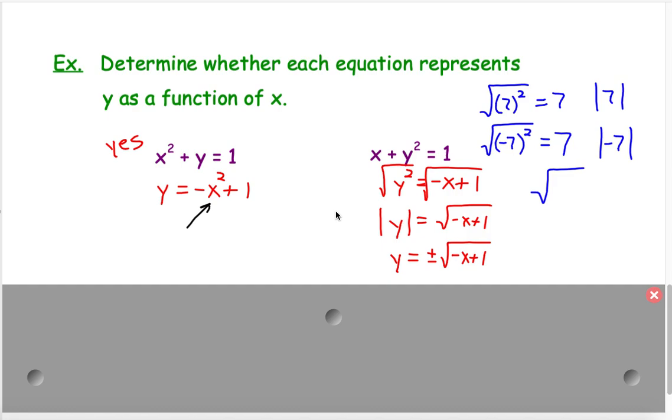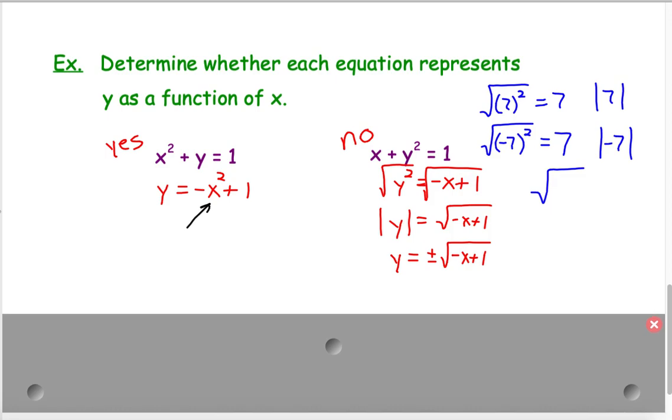So this last example is not a function, and that's because I can think of a number I can plug in for x, and I can get two possible values for y. You're probably thinking, well, what number can you plug in for x? Well, what if I plugged in the number, let's say, -8?